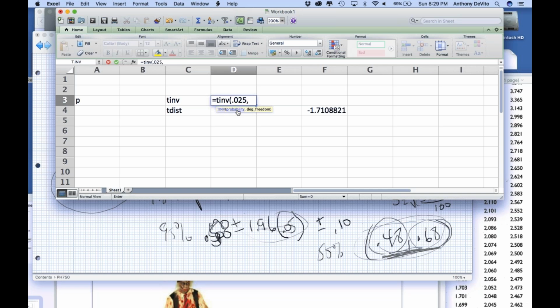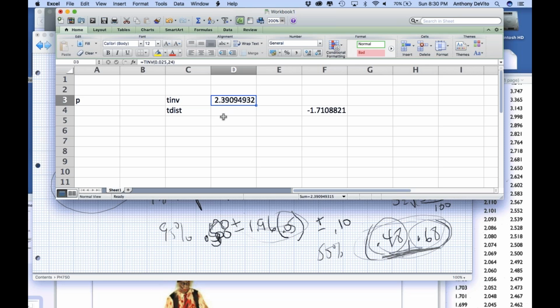I'm going to hit comma, and then I'm going to put in my sample size. Well, actually, not my sample size, my degrees of freedom. Before it was sample size 25, so I'm going to put in 24, close parentheses. Now, when I hit enter, I'll get roughly the same value that I got before. I think I rounded it to 2.4 before, but I get roughly the same value as I had before.